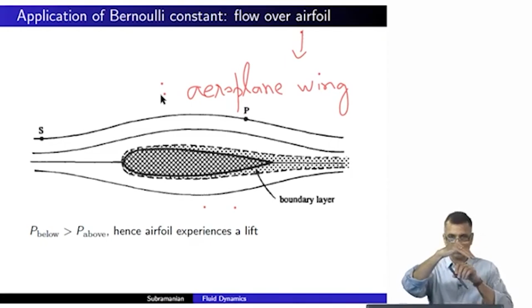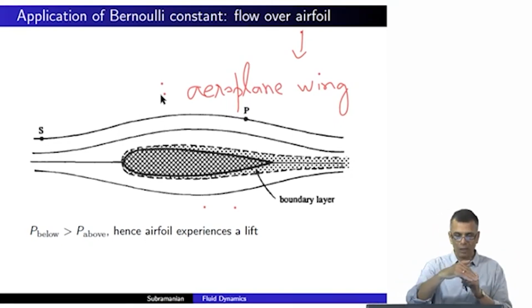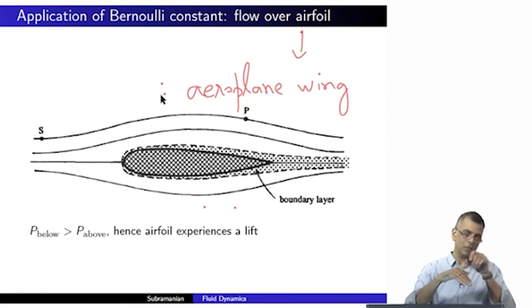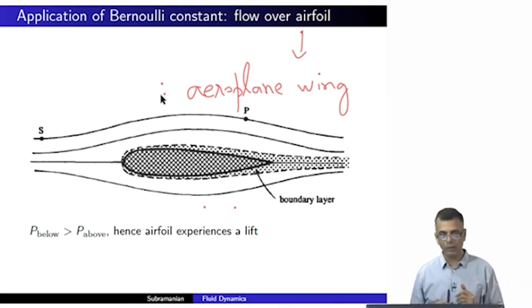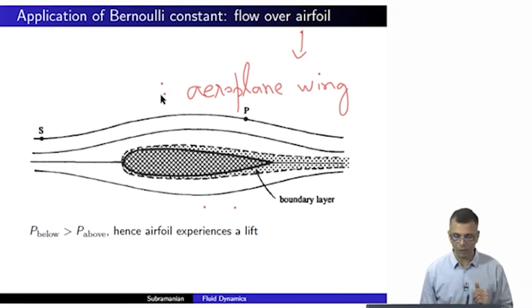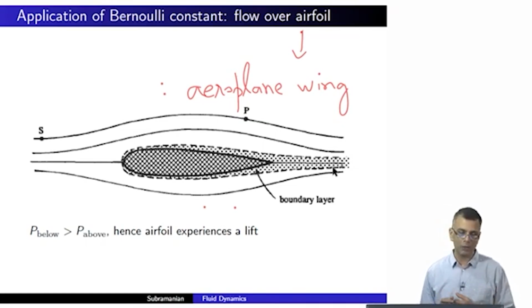It's cupped like this, and therefore the air at the bottom flows a little slower than the air at the top, and therefore, because if you consider one streamline, all throughout, and the Bernoulli constant is constant all throughout a streamline, you're making many assumptions here, of course, that the flow is inviscid and so on and so forth, not necessarily true in real world situations. In particular, you're neglecting effects like the boundary layer, things like this. But nonetheless, it's a very useful rough way of understanding this thing.